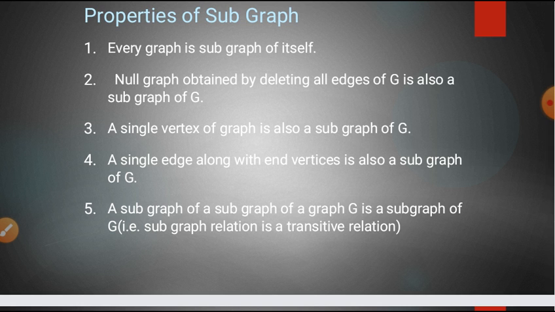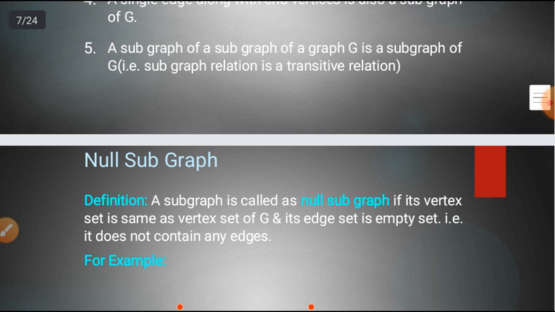It means the subgraph of the subgraph is a subgraph of G. The subgraph relation is a transitive relation. What is a transitive relation? A tends to B, B tends to C, it means A tends to C itself. So this is the transitive relation we get here.